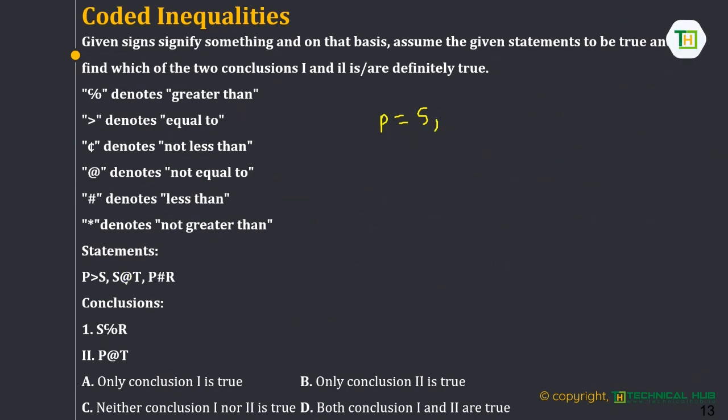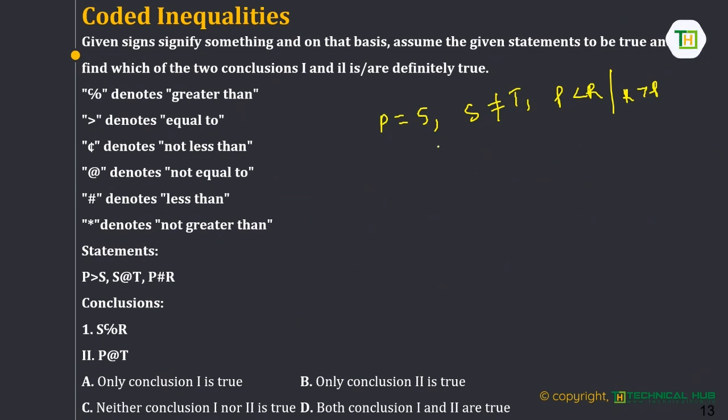The at the rate symbol means not equals, S not equals T, and P hashtag R means P less than R, or it can be written as R greater than P. Both are the same: P less than R or R greater than P.